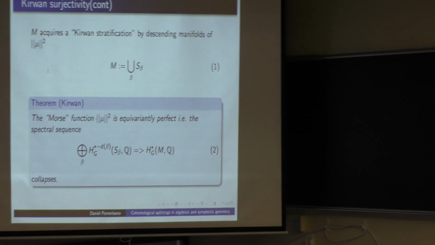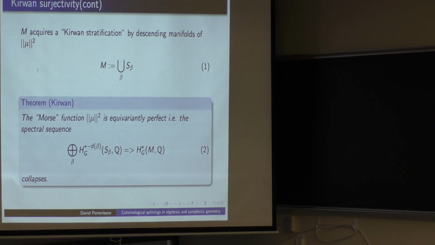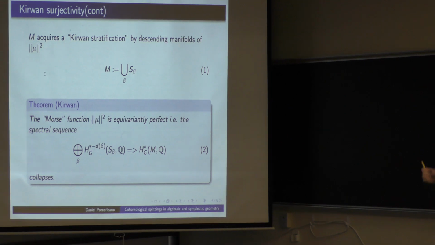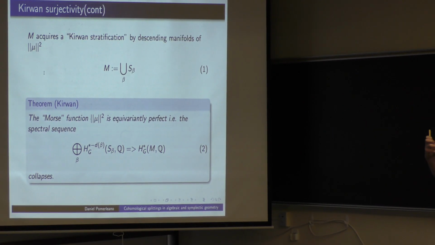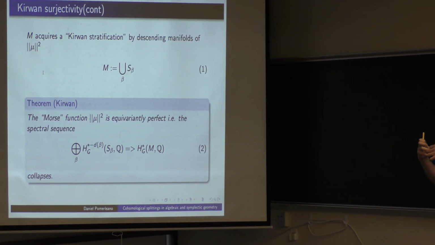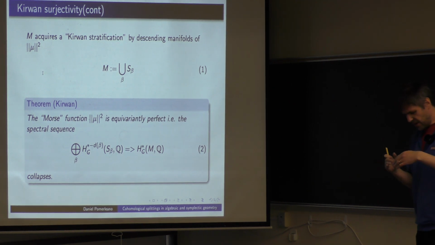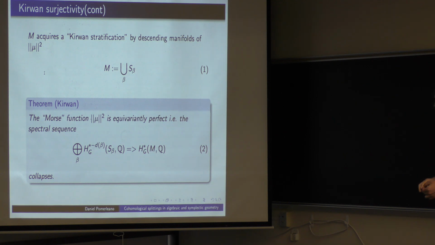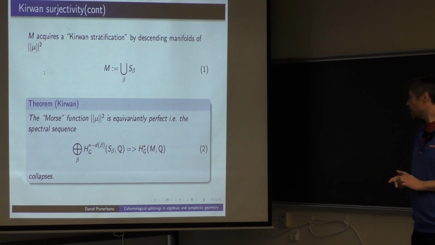But here's the theorem. What you get is that you have these critical sets indexed by points in your Lie algebra, and you get a stratification given by the gradient flow.